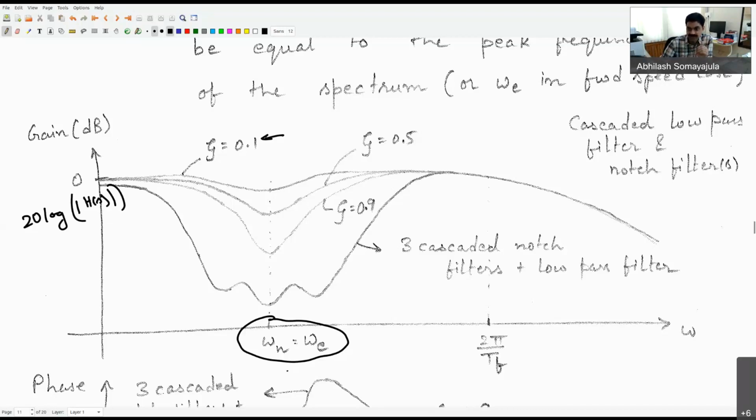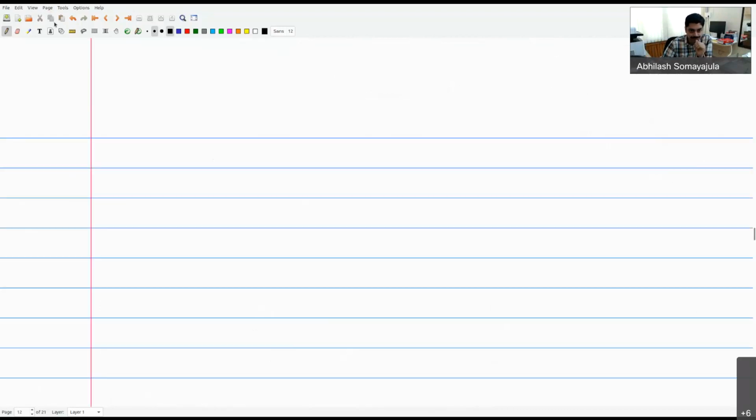As you go to higher C states, if you ever observe the JONSWAP spectrum, let me see if I can move the page here. If you have seen the JONSWAP spectrum or PM spectrum, it looks something like that, right?